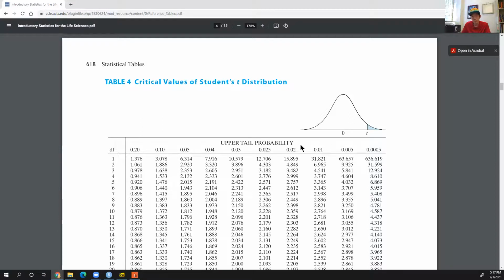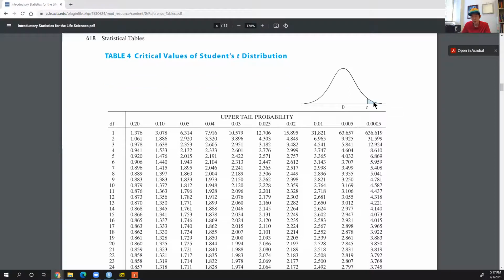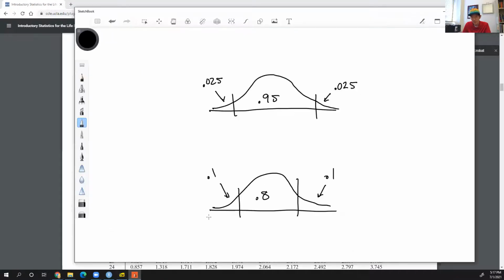So that's what these numbers correspond to. If you only look at one tail, this would be the upper tail, and this would be the lower tail.